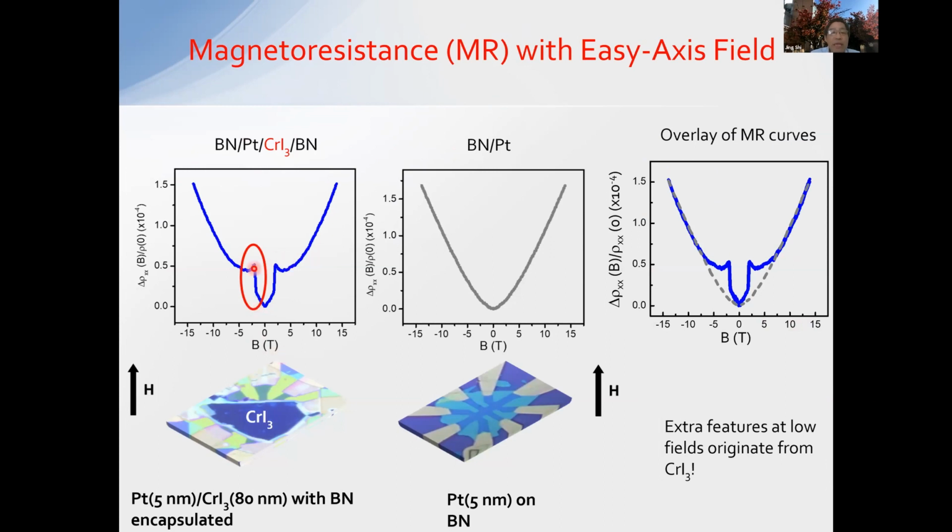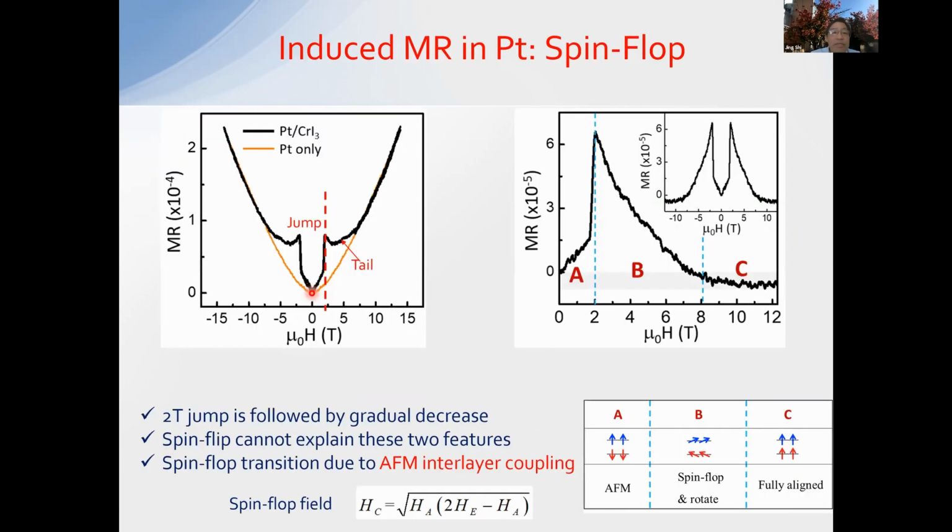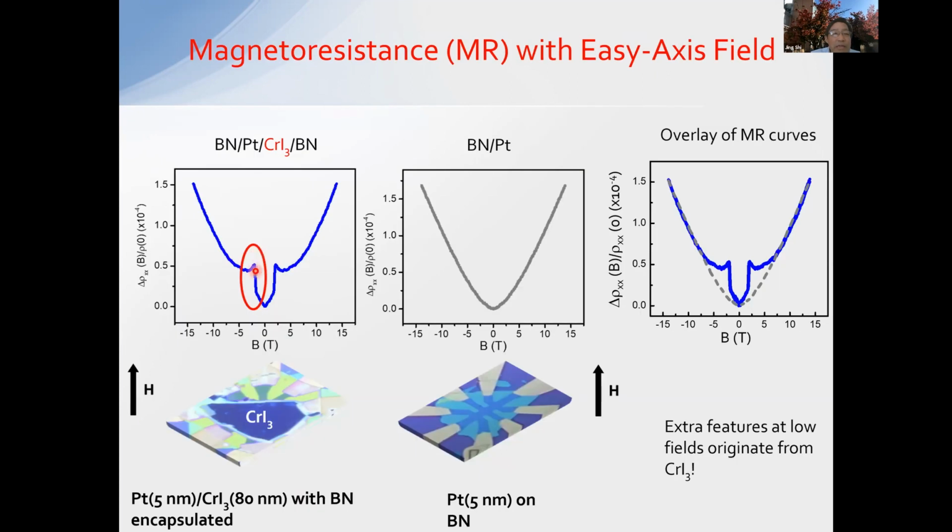In addition, we pick up some jumps, roughly around 2 Tesla or so. Immediately after the jump, there's also a tail, right? That's a kind of rotation. So, okay, we put them together, and we have this additional feature due to chromium triiodide.